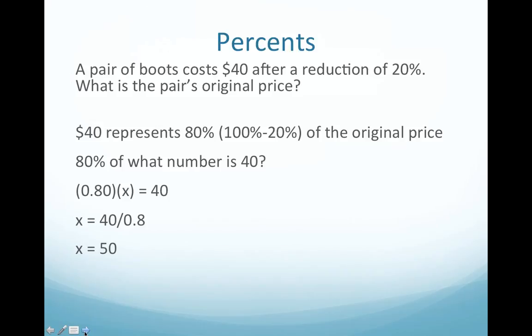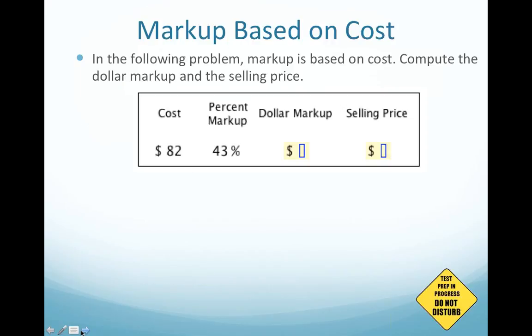Anytime you see an off problem, you know you've got to subtract. Off is anytime they're talking about taking something away. So all those discount problems are going to be off problems unless they state a percentage of.